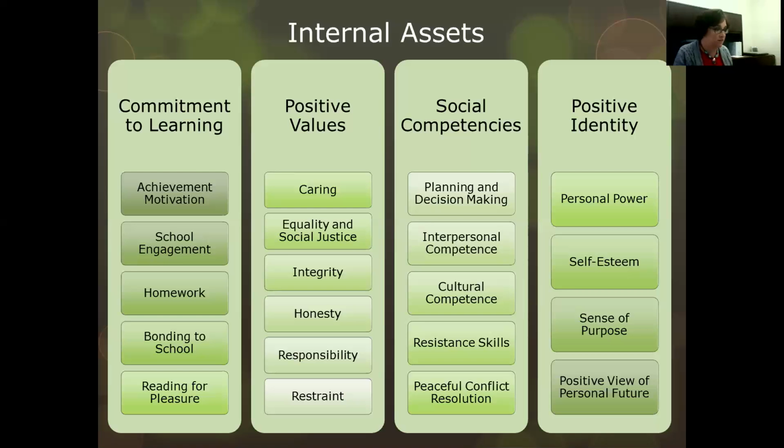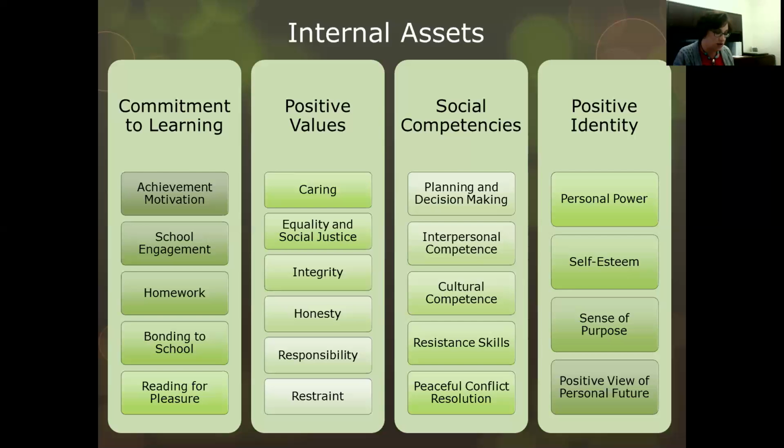Then we have our positive values. The young person places high value on helping other people. I think that's something, again, we do a lot in 4-H. Equity and social justice: the young person places high value on promoting equality and reducing hunger and poverty.